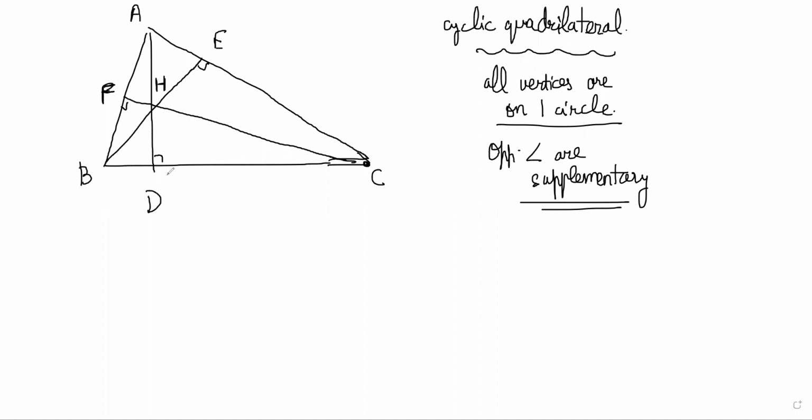So right now what I want you to understand is this quadrilateral CDHE is cyclic because this is 90 and this is 90, right? And similarly, BDHF is cyclic because of this 90 and this 90, right? And other quadrilaterals as well.